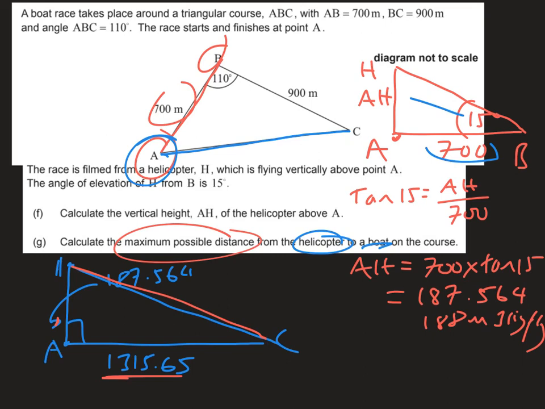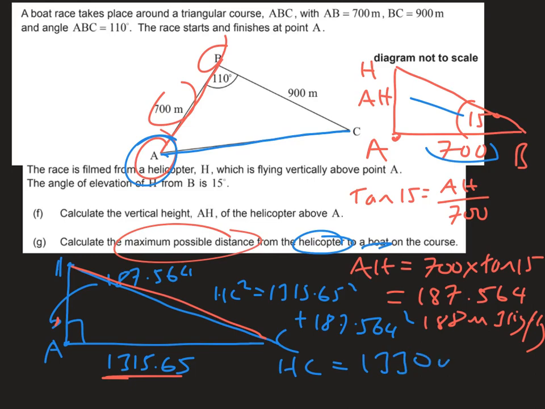So we know that HC squared is going to equal 1,315.65 squared plus 187.564 squared. So if we take the square root of the solution to that, we end up with a final answer for HC, the maximum distance between the helicopter and a boat, of 1,330 meters.